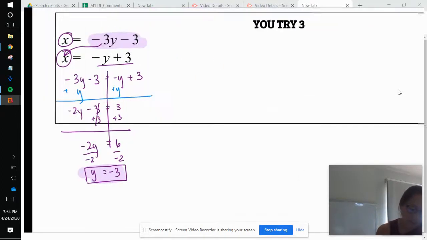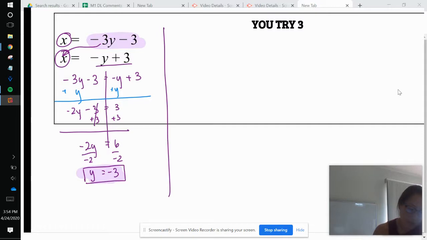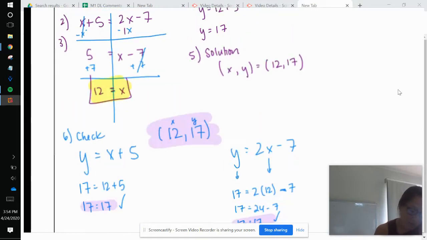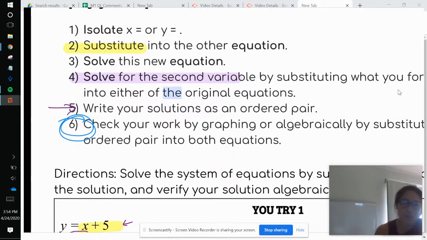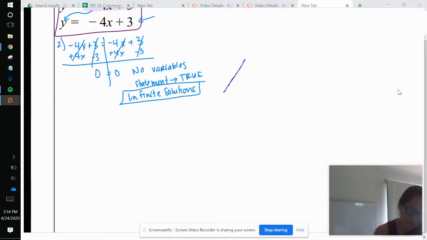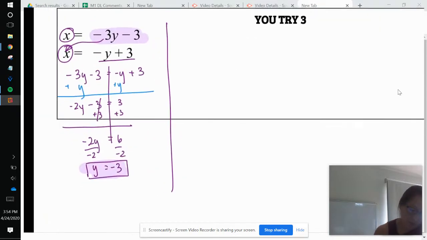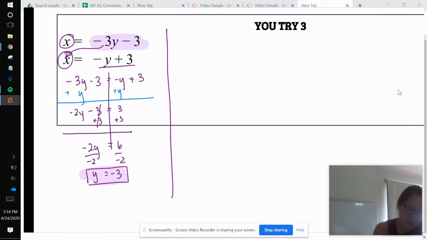Now that I know what the y value is, it's time to find my x value. Step number 4, solve for the second variable. You get to choose which equation you would like to use.